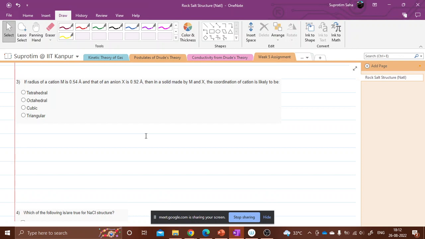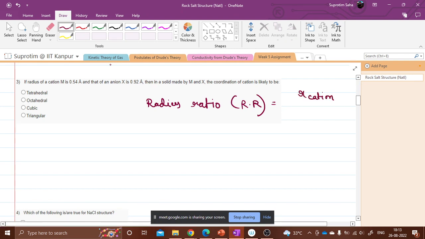This is called the radius ratio, the R of the cation over the R of the anion.